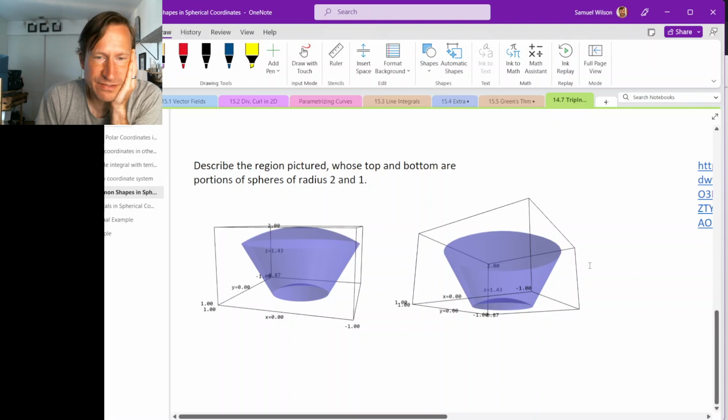It's hard to tell from this picture, because I didn't have a convenient way to draw it, but if you extend the sides down, they meet at a point, and the angle, sorry, not this angle here, is pi over 6.